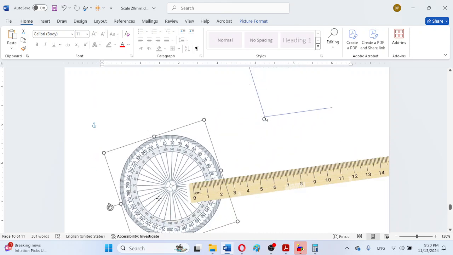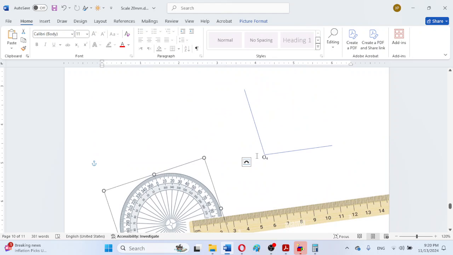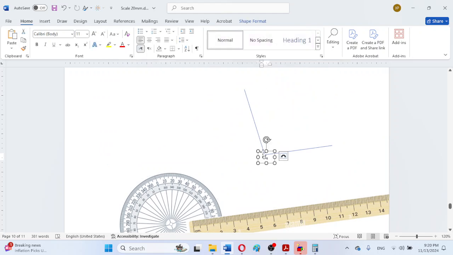linear scale and protractor out from this position, and again we can similarly copy this label and just paste and define the position.